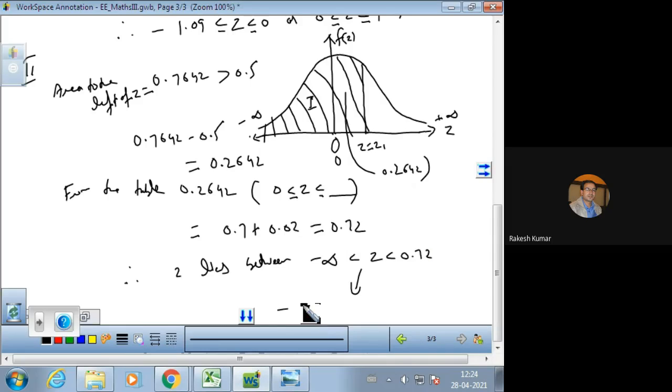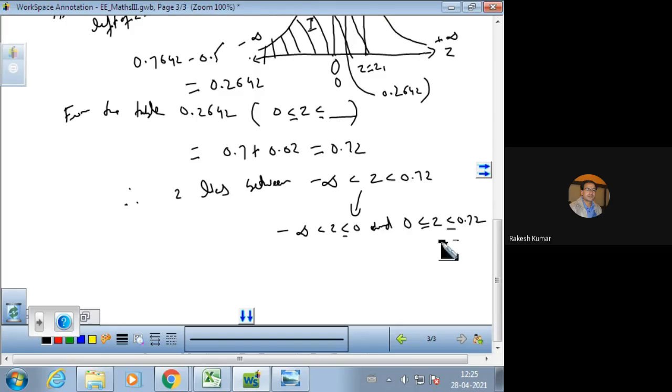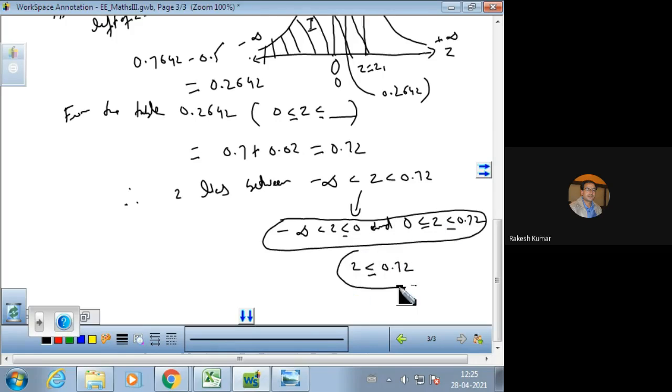इसको आप दो तरह से भी लिख सकते हैं, minus infinity to zero और zero ≤ Z < 0.72, this one. और अगर दोनों को मिलाकर के हम अकेला ये भी लिखें कि Z is less than or equal to 0.72, तो दोनों का मिलाकर के ये मीनिंग निकलता है. बिकॉज जो पॉइंट होता है वो माइनस इन्फिनिटी टू इन्फिनिटी तक जाना होता है. अब माइनस इन्फिनिटी तो मूव कर गया एंड मैक्सिमम वैल्यू कितनी 0.72, वो प्लस इन्फिनिटी से छोटी वैल्यू. सो इसी रेंज में आ रहा है पॉइंट.